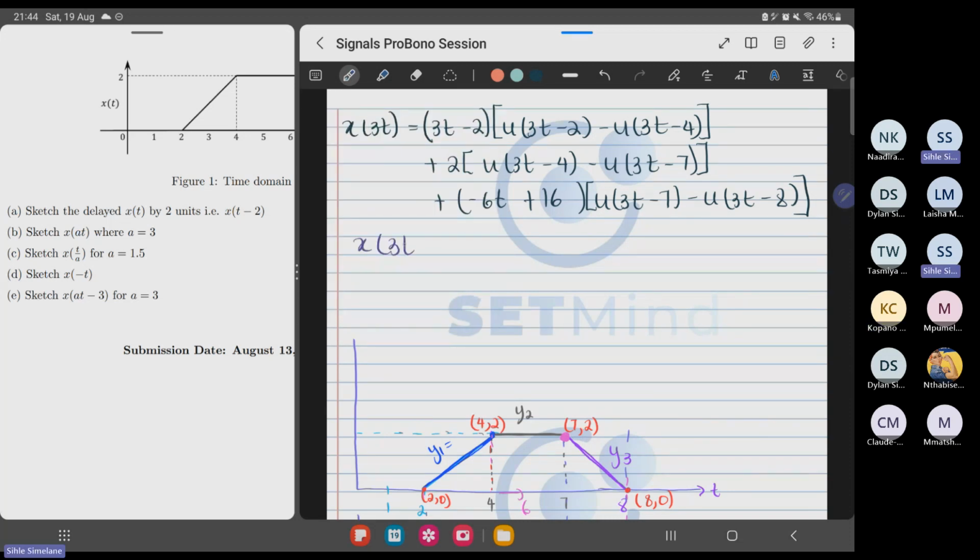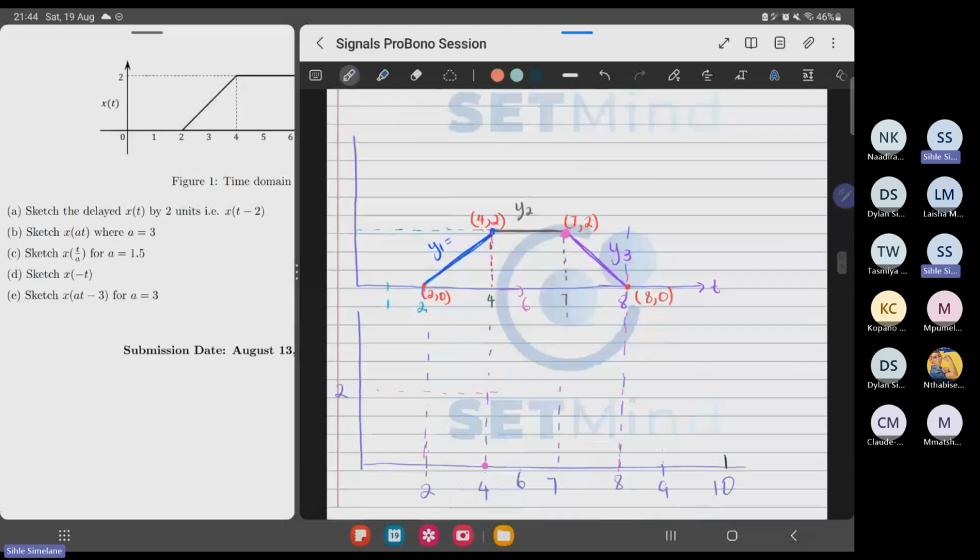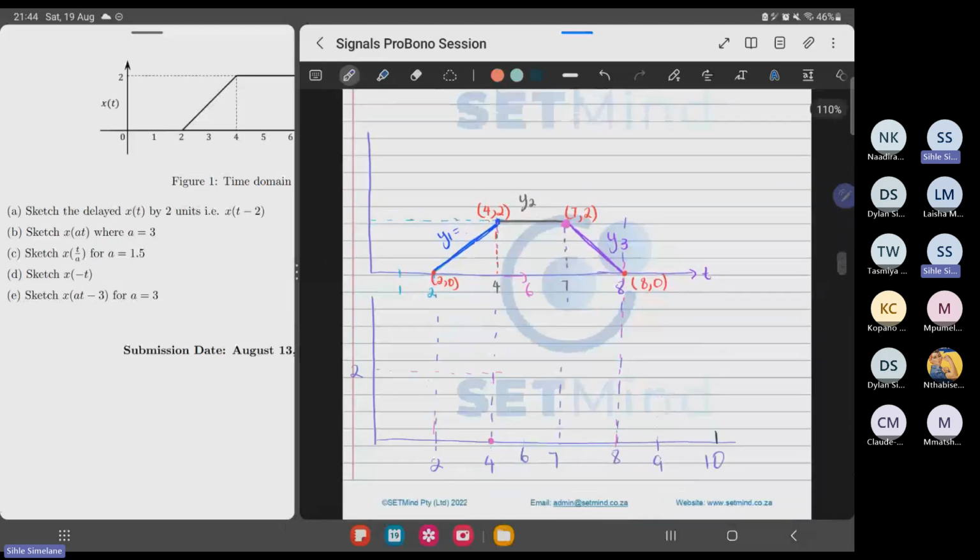So when we have 3t, this is the same as dividing the time by 3. Okay, that's what is going on here. So what we should do is you look at the graph. Every point, you will take the time and divide it by 3.